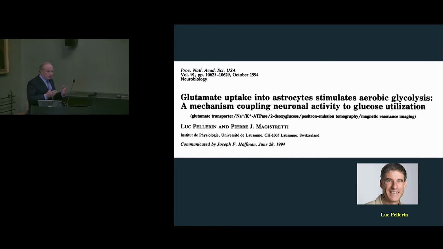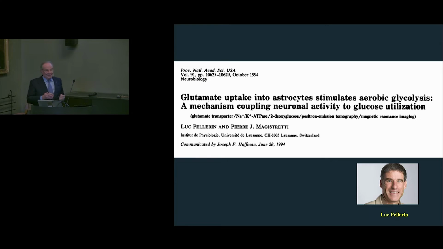We showed that the main neurotransmitter in the brain, glutamate, also had a metabolic effect on astrocytes, namely aerobic glycolysis. So what is aerobic glycolysis? It is the utilization of glucose and production of lactate in the presence of oxygen. This is a well-known metabolic process known as the Warburg effect.